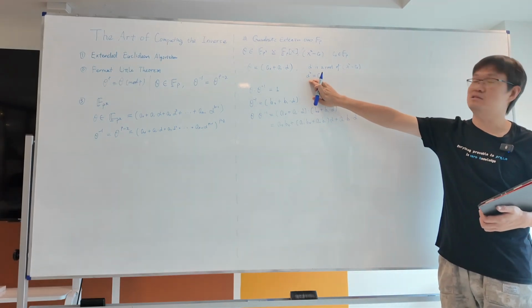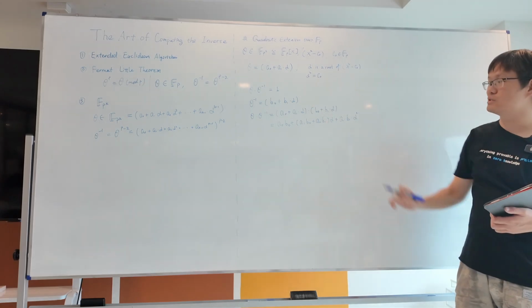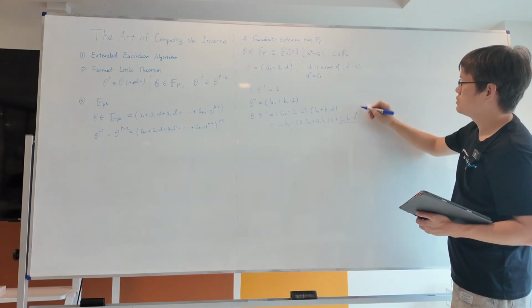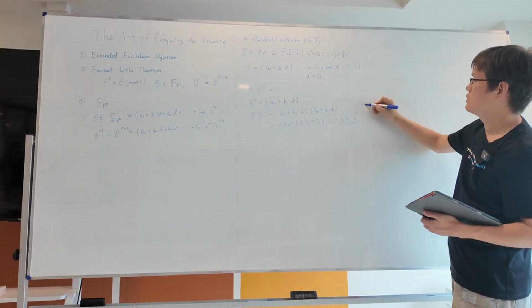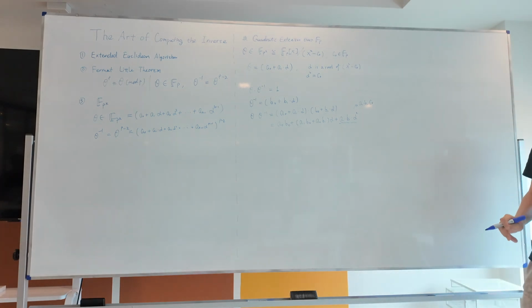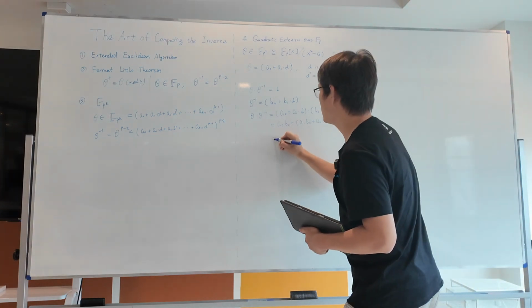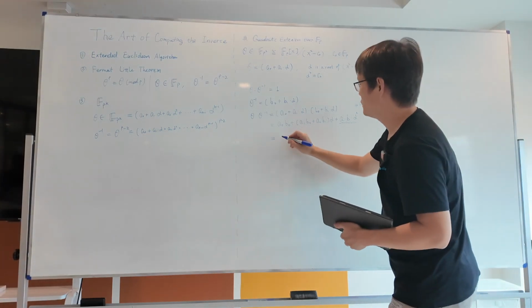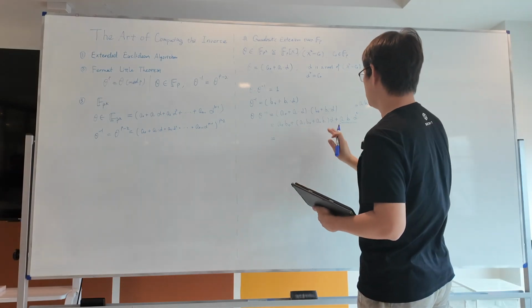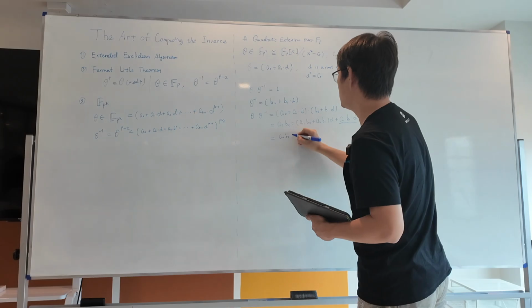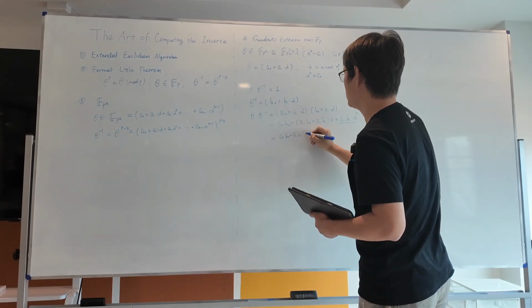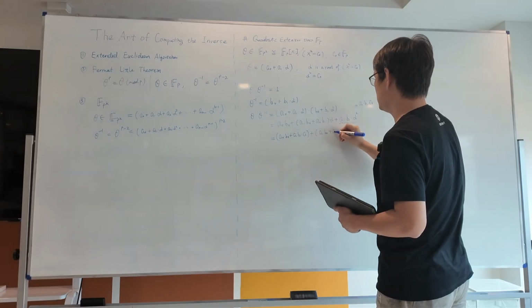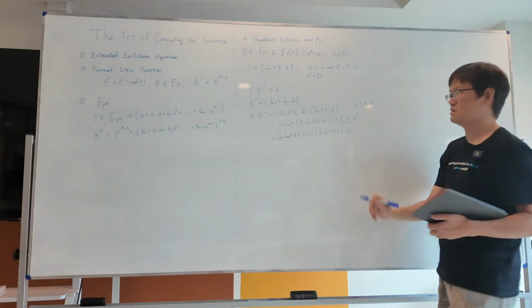Because we already have alpha squared equal to c0, this becomes a1 b1 times c0. So we get the new element a0 b0 plus a1 b1 times c0, plus a1 b0 plus a0 b1 times alpha.